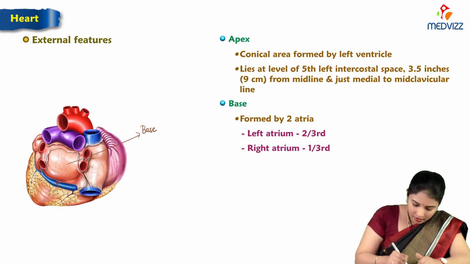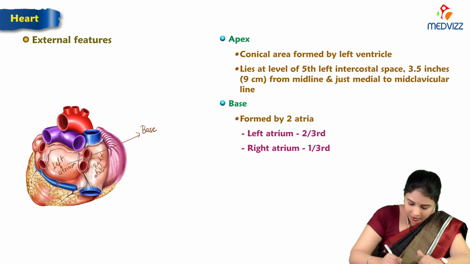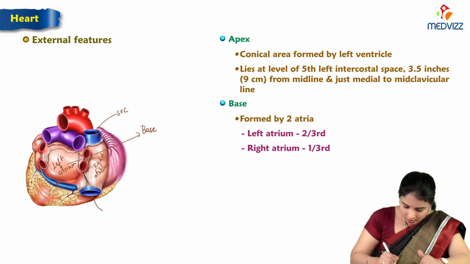So this is the left atrium, and here is the right atrium, where we can see the opening of the superior vena cava. This is the opening for the inferior vena cava, and this whole thing is the right atrium.